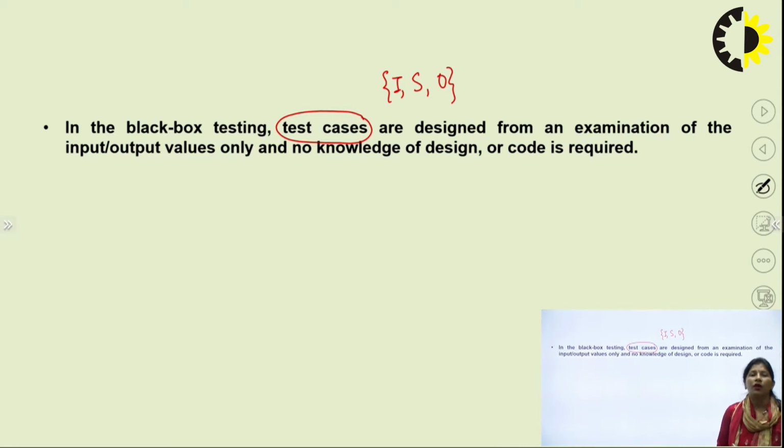What we need is the input, the current state of the system, meaning at what state the system is currently, and the expected output. For example, if I am giving the system three numbers to add, I will give the three numbers, and I will also know what kind of output should be there. So, a test case is a combination of these three.